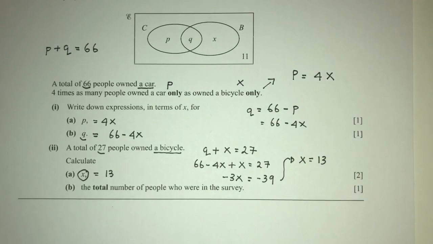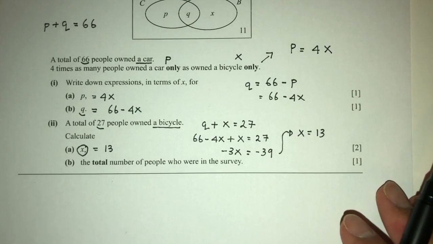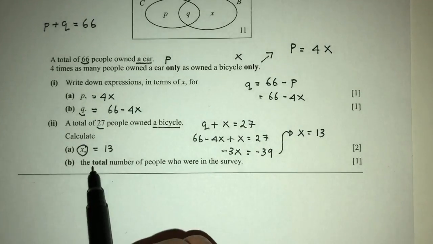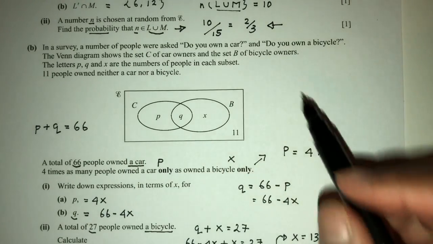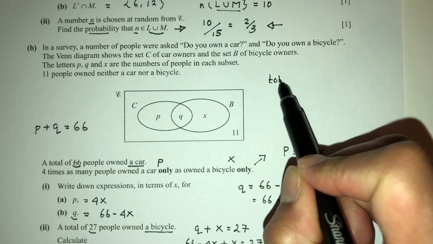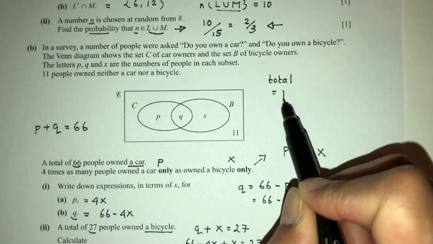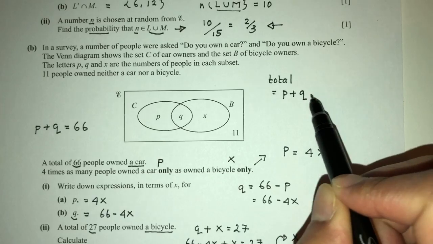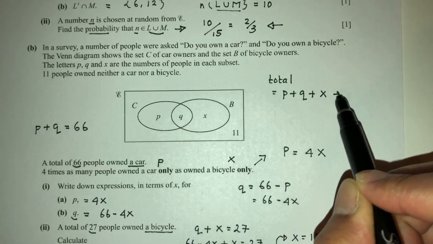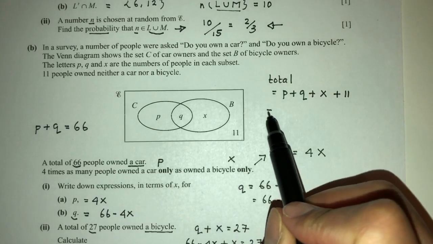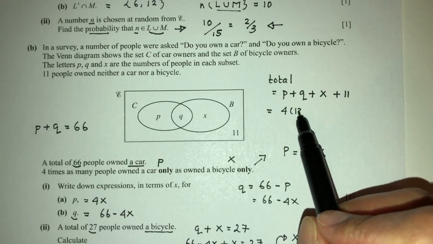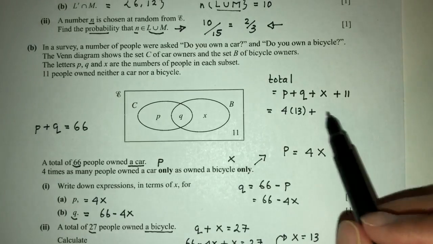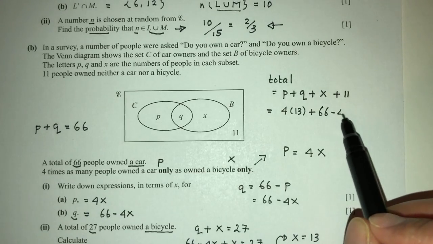Now for part B, the total number of people who were in the survey. Basically everyone in the set. So the total number of people will be P plus Q plus X plus 11. As we have seen, P is equal to 4X, so 4 times 13. Q is equal to 66 minus 4X.